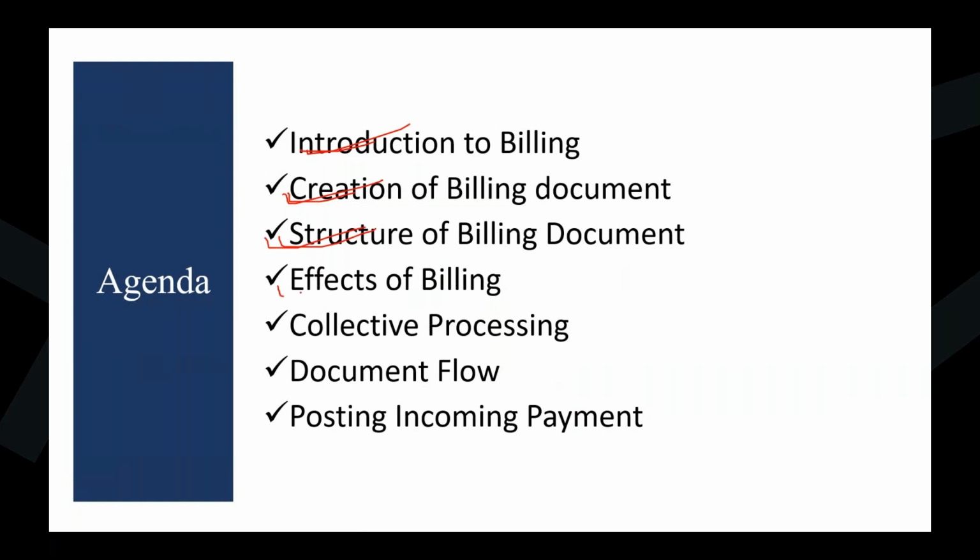Then effects of billing: when you do billing, what happens in the system in the background. Then collective processing, how to create the billing documents collectively. Then document flow, and then we will discuss posting incoming payment. So these are the topics we will be covering in billing.